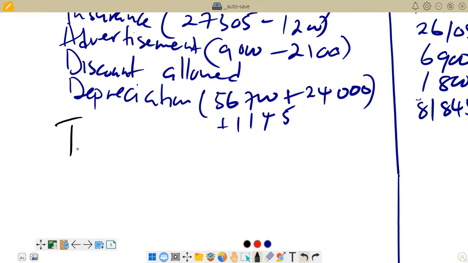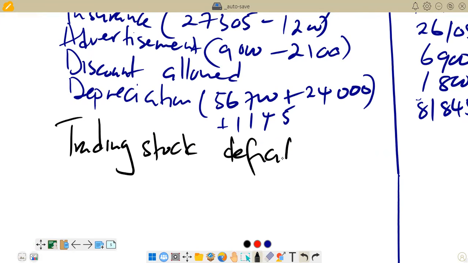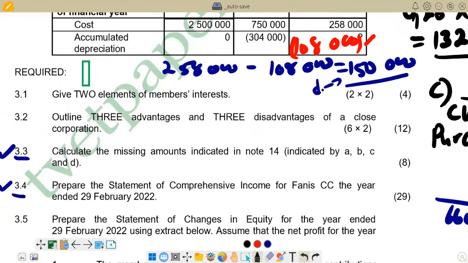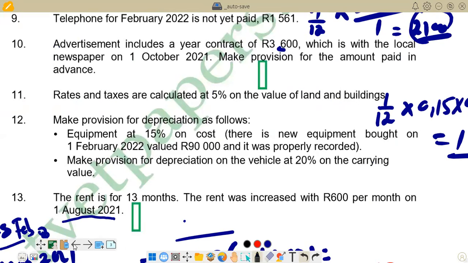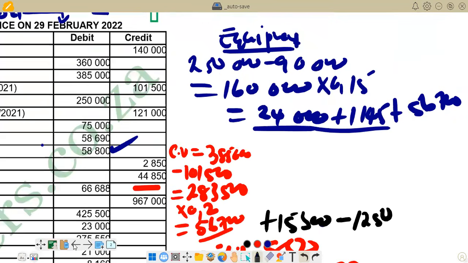Trading stock deficit: we are saying the value of the stock that is in the books is compared to the physical stock count that has taken place. So if the physical stock count reflects a balance that is less than what is being reflected in the books, it represents a deficit. So let's check what we have in the books first.